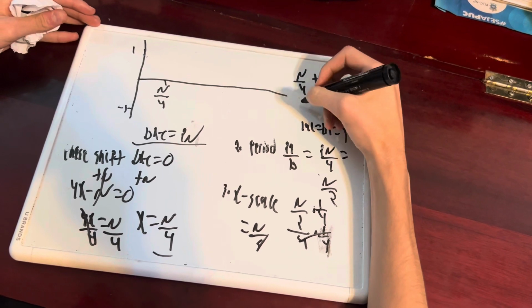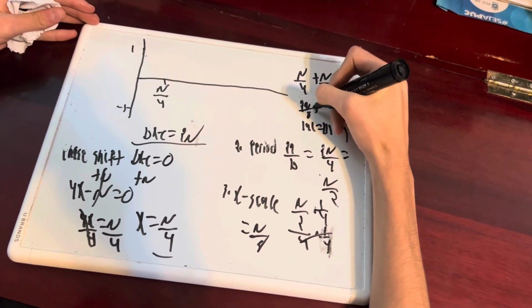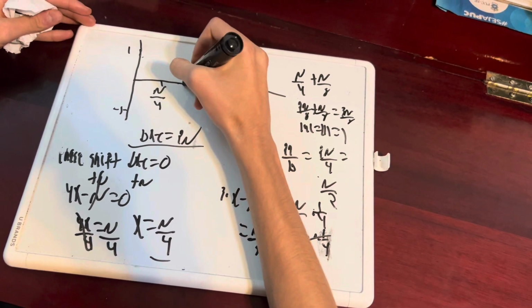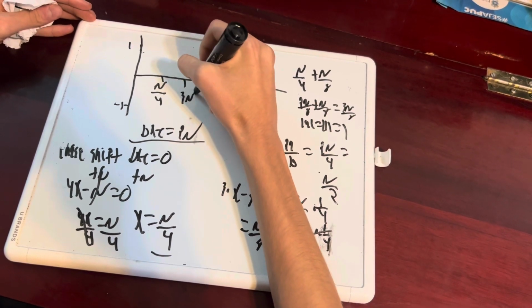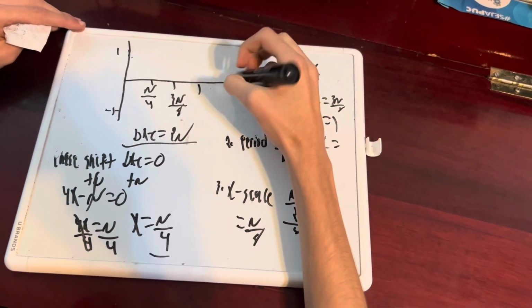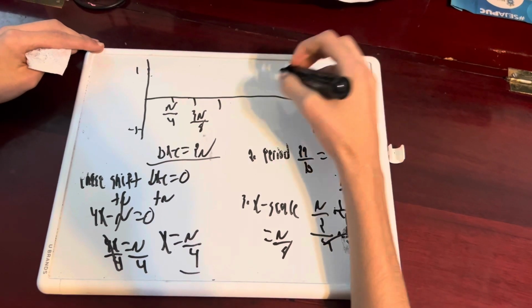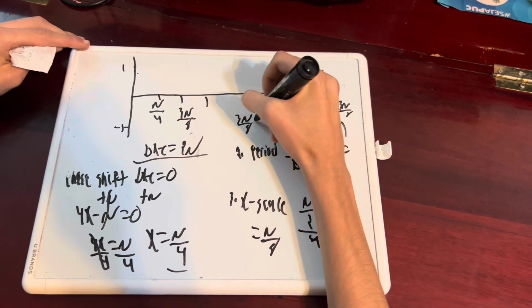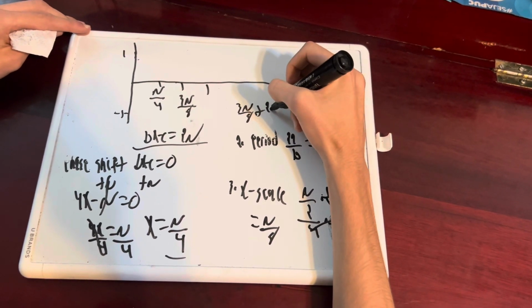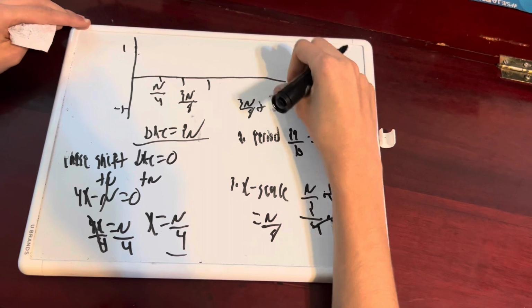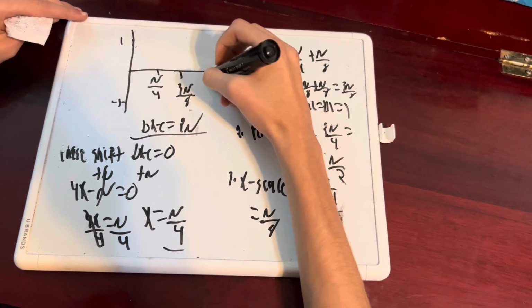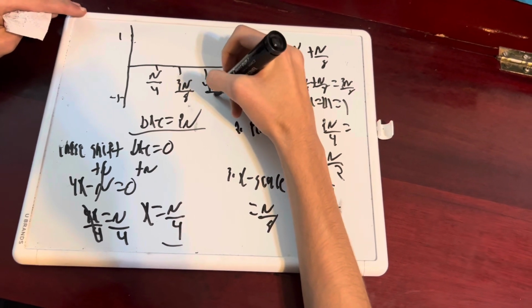We make common denominators, plus pi eighths, which equals 3 pi eighths. Then 3 pi eighths plus pi eighths equals 4 pi eighths.